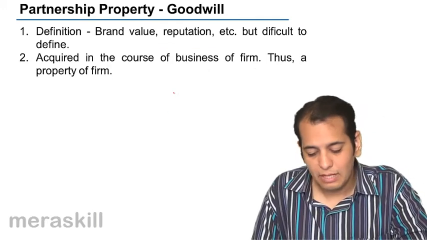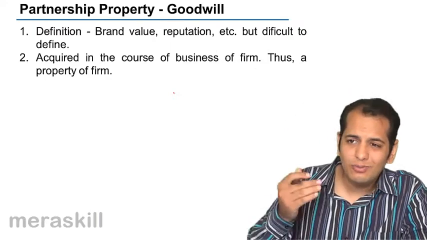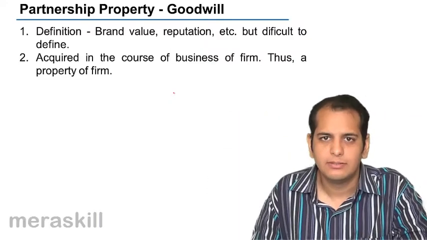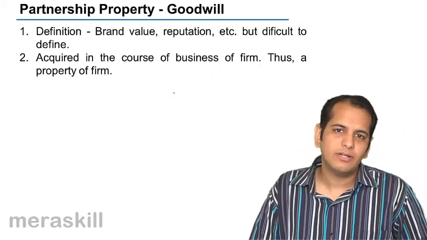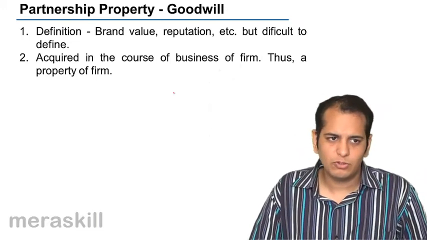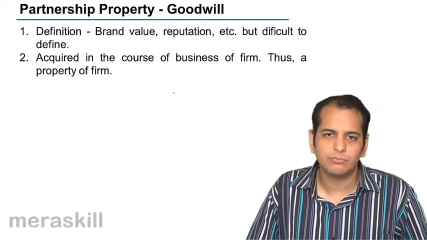Second, it is acquired in the course of business of the firm. Now, goodwill is gradually earned. Goodwill is gradually acquired. You build goodwill, you develop a goodwill. You cannot have goodwill right from the first day, because you haven't done the business, you haven't given service to the public.